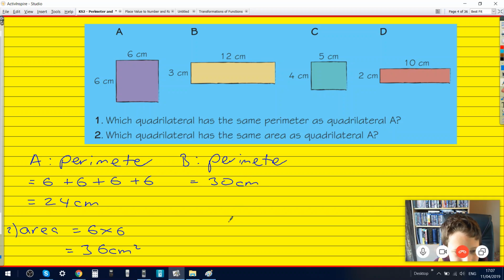Okay. So its perimeter is not the same as A. For C, the perimeter is 5 plus 5 plus 4 plus 4. 5 plus 5 is 10. 4 plus 4 is 8. And so 10 plus 8 is 18.